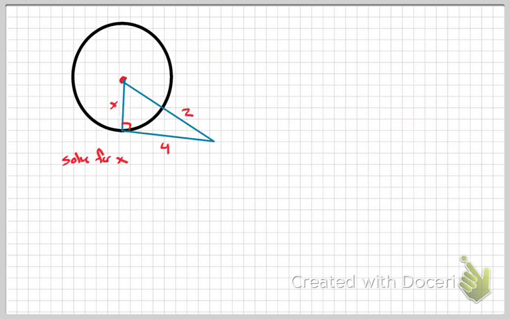Solve for x again. So maybe pause this and try it on your own. Here we go. I know that that radius is x, so I have x squared plus 4 squared equals x plus 2 squared. x plus 2 squared is x plus 2 times x plus 2.